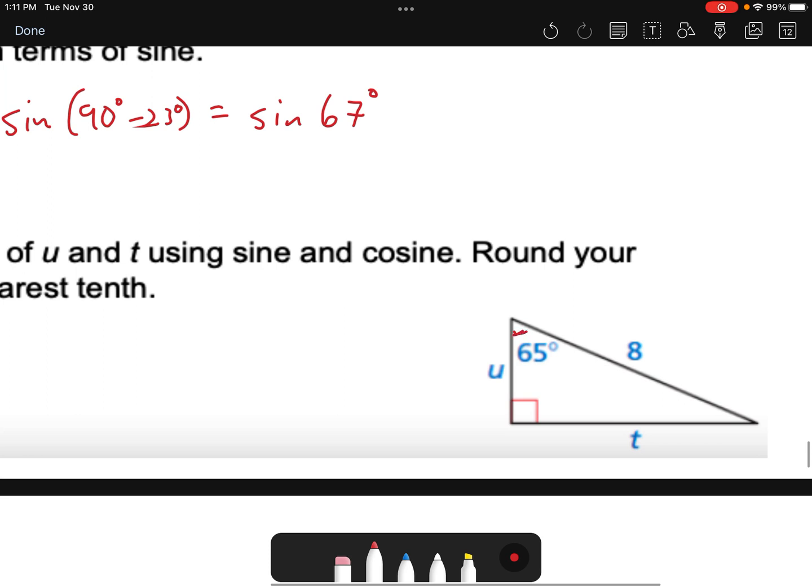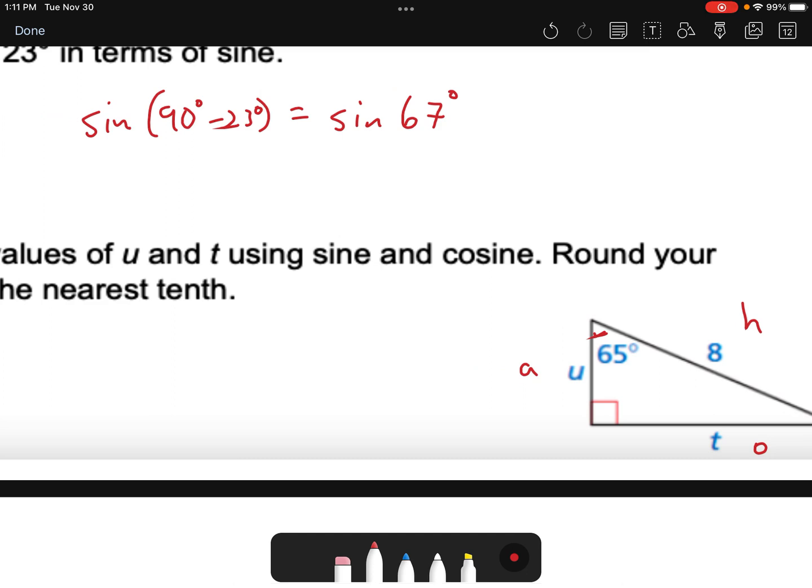And now we're supposed to find u and t. Well, I'm going to use the 65. Okay, 8 is the hypotenuse. Let's see, t is opposite, u is adjacent. So the first thing we're going to do, I'm going to find t, which is O and H. So the sine of 65 equals opposite over hypotenuse. So we're going to multiply by 8.